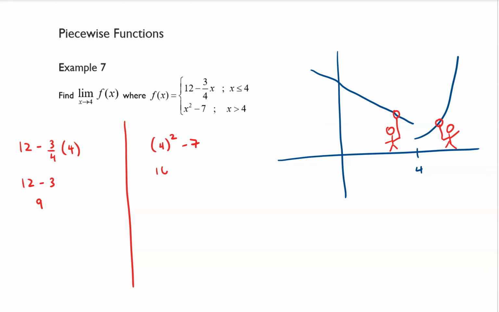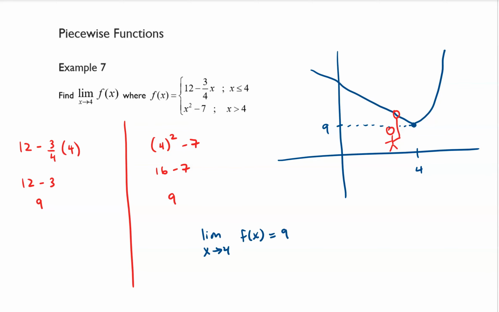And then this is 16 minus 7, which also simplifies to 9. So I've drawn this incorrectly, and a more accurate graph would look something like this, where this point here is 9. They are approaching 9 from both sides. They're connected. And so the limit as x approaches 4 of this function f of x is equal to 9.